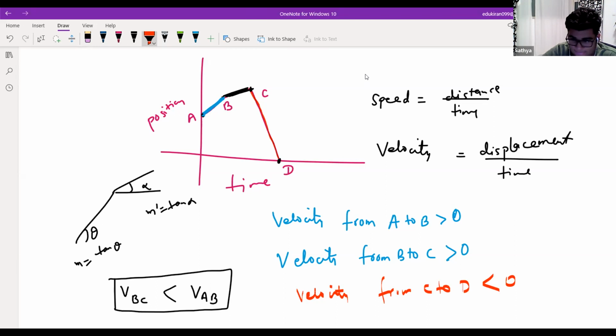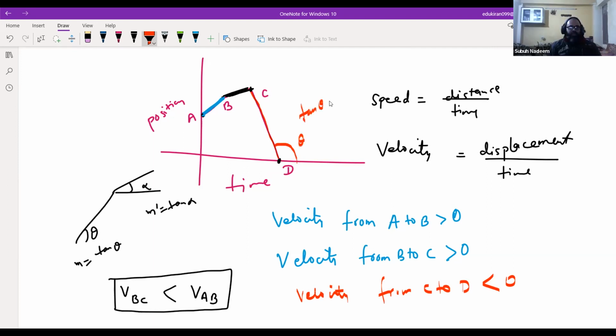So then what does the slope represent? Slope is basically the derivative or the tangent of the angle. This is the angle theta here, and tan theta is actually the slope. That is the steepness. Similarly here, this angle is theta.